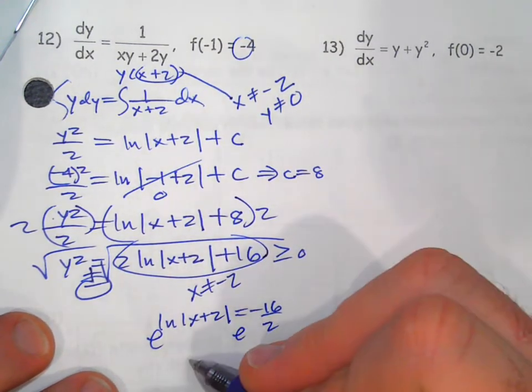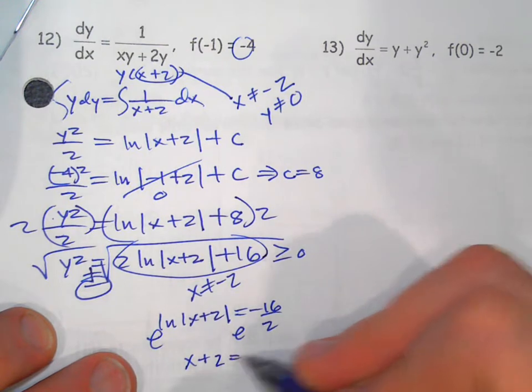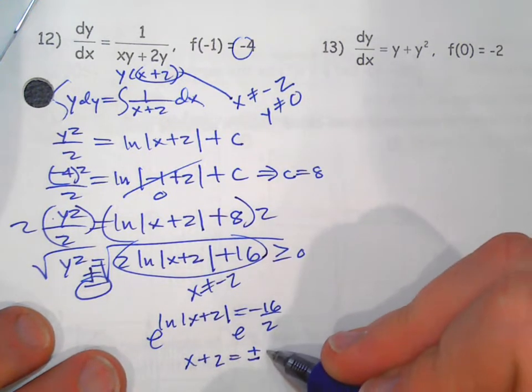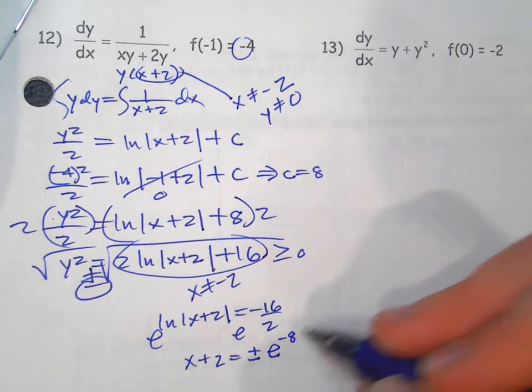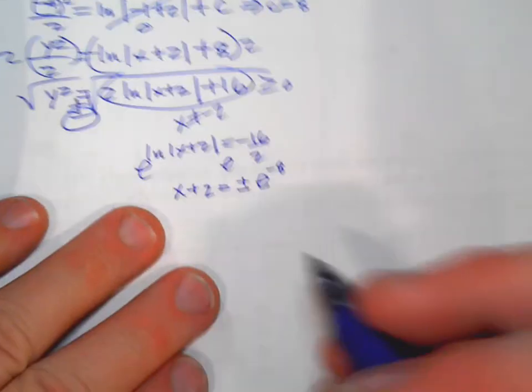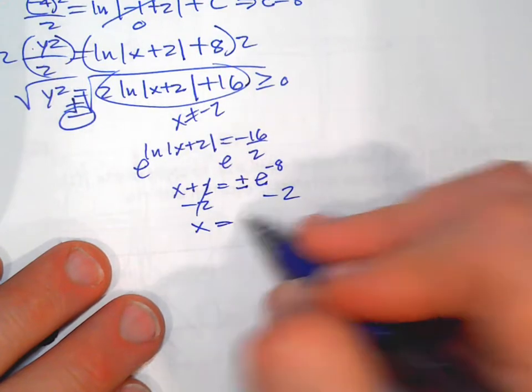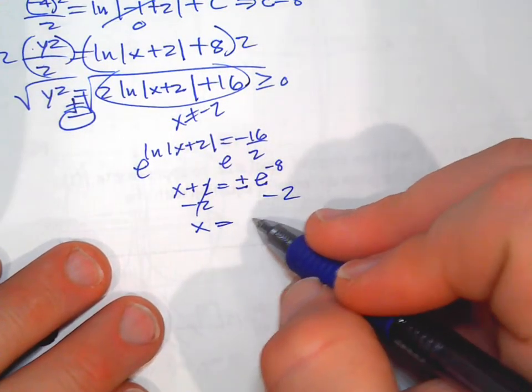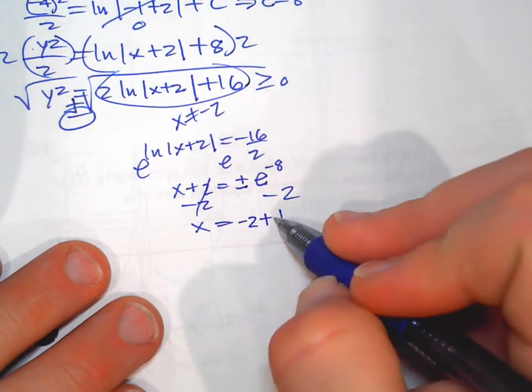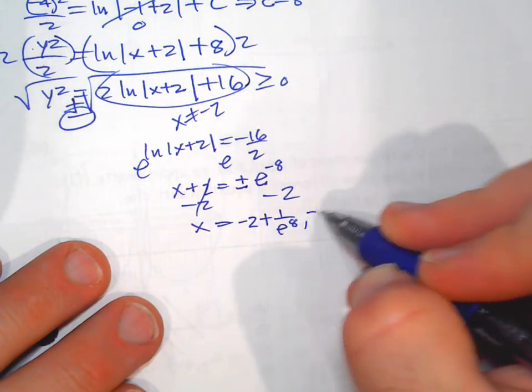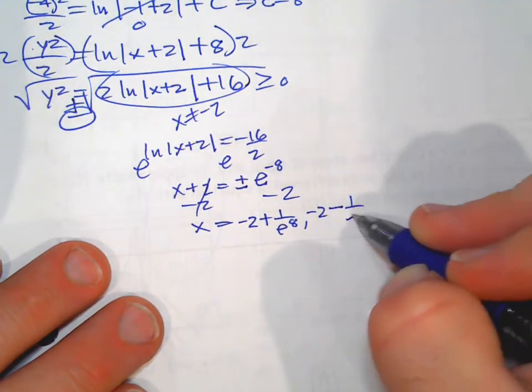Exponentiate both sides. Get rid of the absolute values, plus or minus. So this is going to be e to the negative 8th, plus or minus. Subtract 2. So one of these values that are bad is negative 2 plus 1 over e to the 8th. And then the other one is negative 2 minus 1 over e to the 8th.